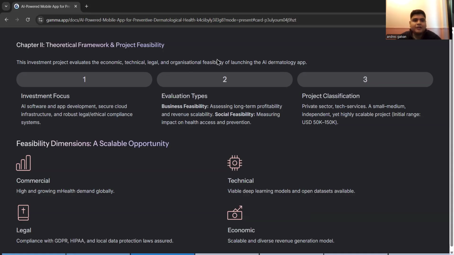So maybe the main reason that I want to make a point, or probably a call to action, is that there is an investing focus on technological software and artificial intelligence software, also app development, security, cloud computing, cloud infrastructure, and also trying to make a reduced compiling system.